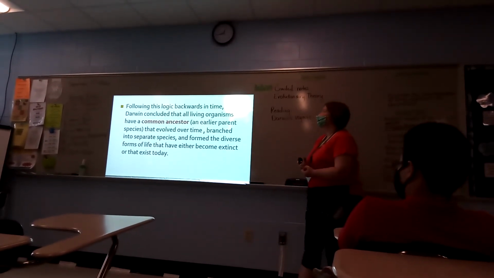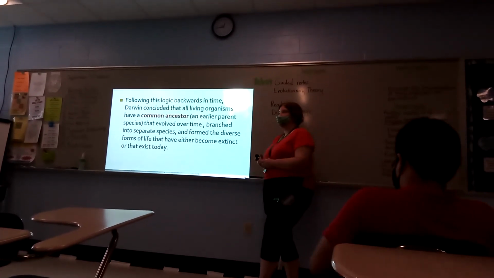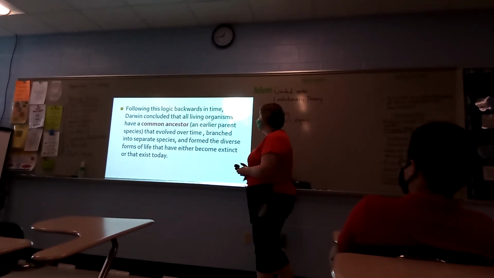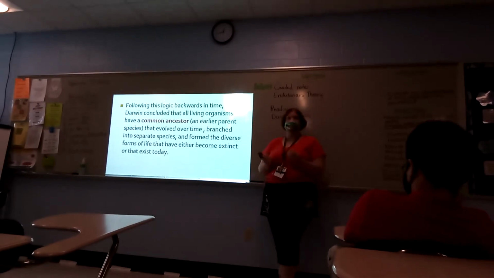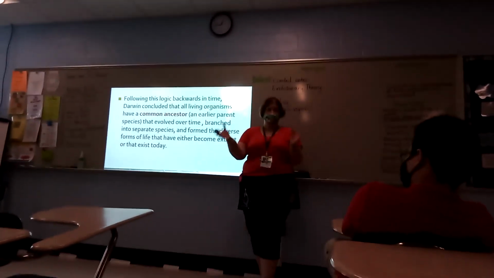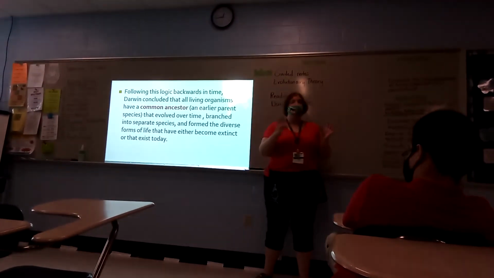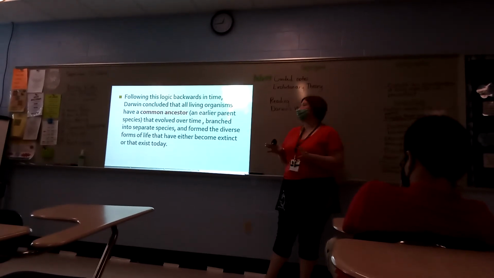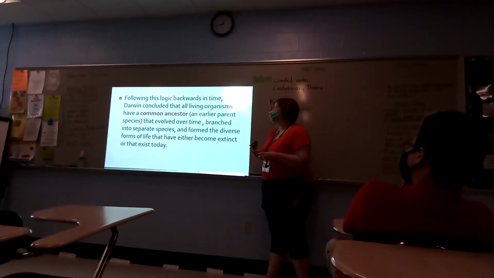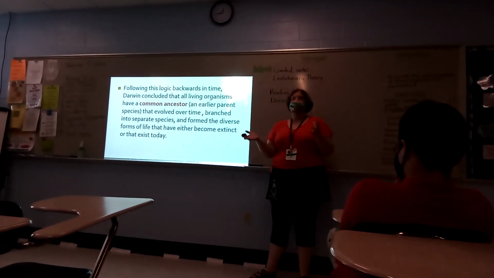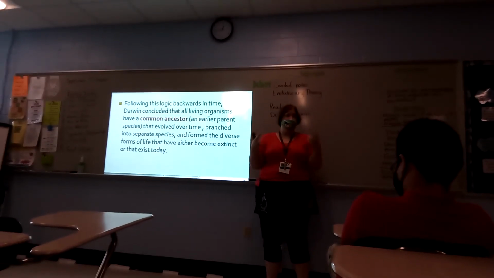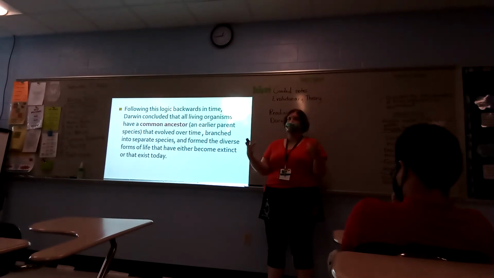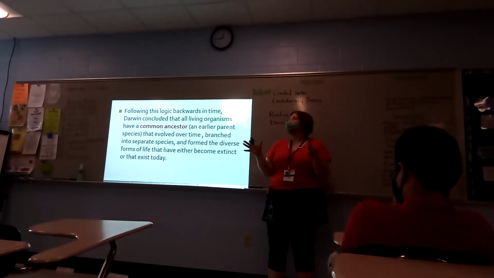Darwin also came up with this idea of the common ancestor, meaning an earlier parent species. For the Galapagos, their common ancestor is going to be those birds that came from South America, and then you have your different descendants with modifications. But all living things at some point have had a common ancestor because the first things on earth were those real simple things and we all descended from them.